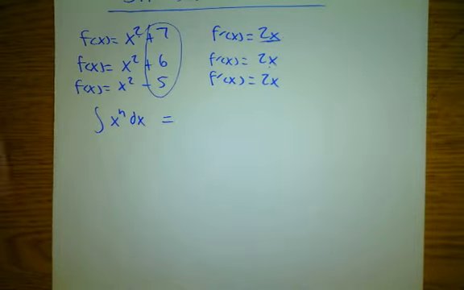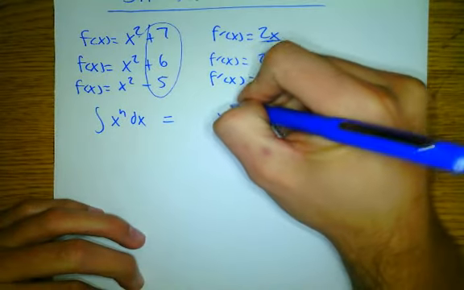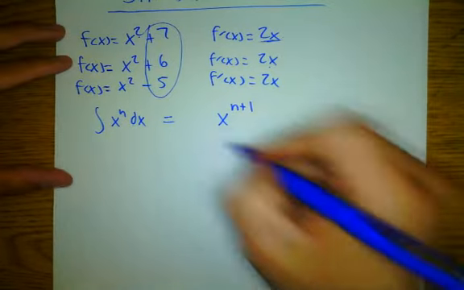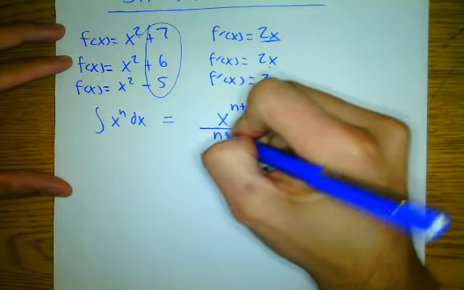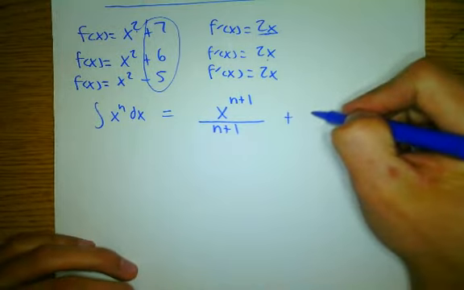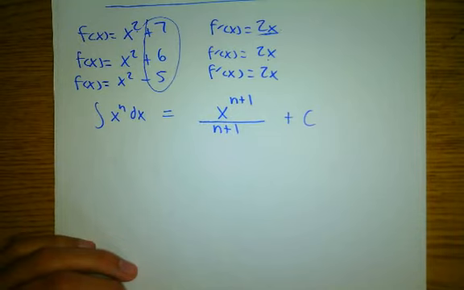This is your first rule. Instead of subtracting, you're going to do what? Add 1. So this becomes x to the n plus 1. And what are you going to do with that number that you found? Divided by n. Oh, yeah. Divide the entire thing by n plus 1. Now, how do you know that there wasn't a constant there? You don't know. And that's the reason why you put plus c.